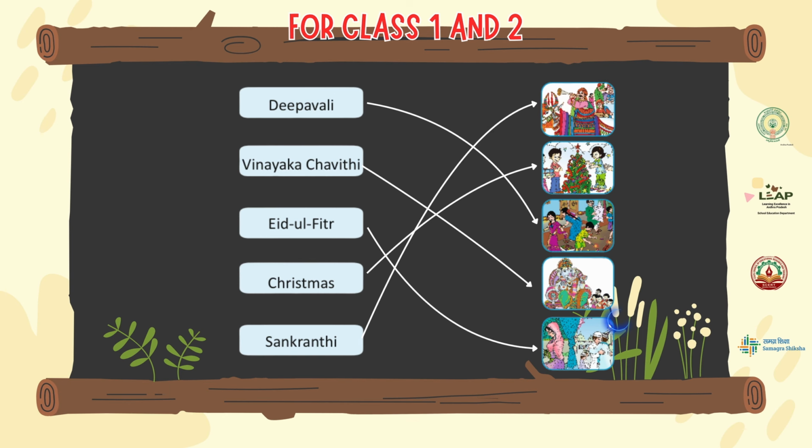In Christmas, Santa and the Christmas tree. In Sankranti, we fly kites and it is during harvest time. Each festival brings happiness and teaches us to share love with everyone. So children, keep smiling, keep learning, and keep celebrating together.